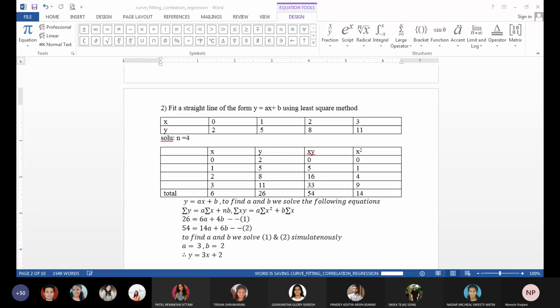Aditya, I think you gave the answer first, that -1. Yes, sir. So cross check your answer once again. Okay, so we get A as 3 and B as 2.